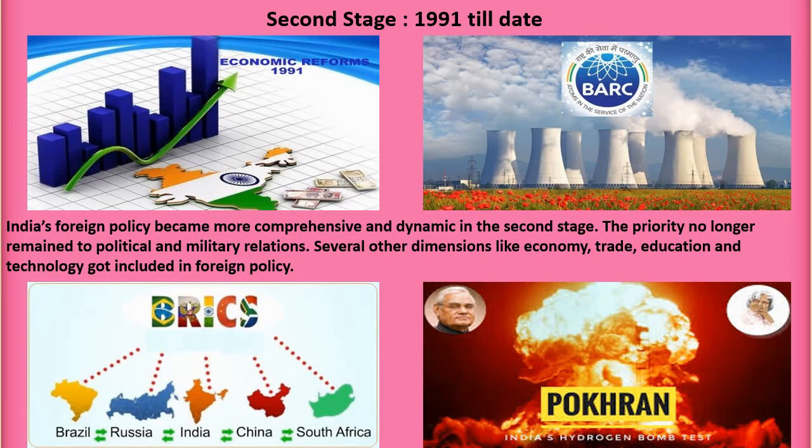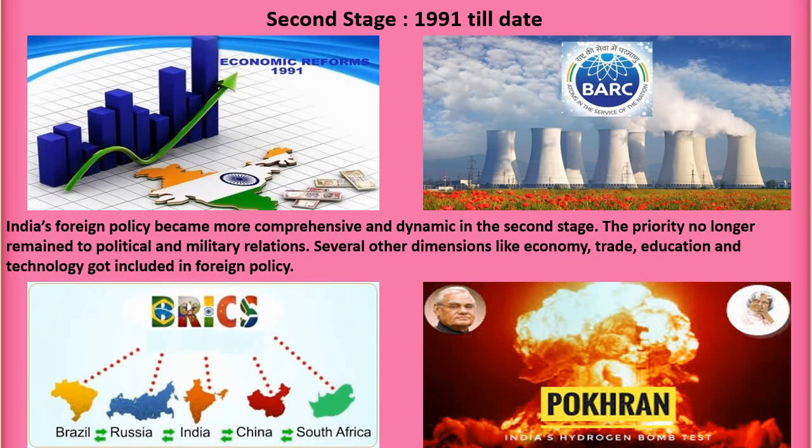Students, G20 means a group of 20, a collection of 20 of the largest economic countries, which was formed in the year 1999 for the discussion of economic and financial stability. Now BRICS is the organization which included five important countries: Brazil, Russia, India, China, and South Africa.